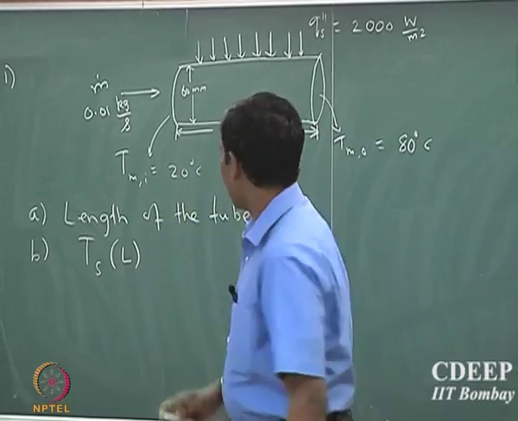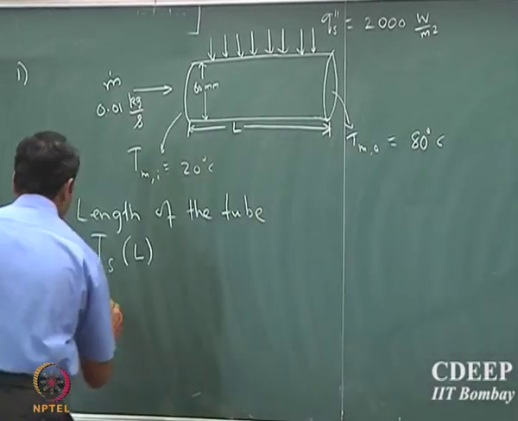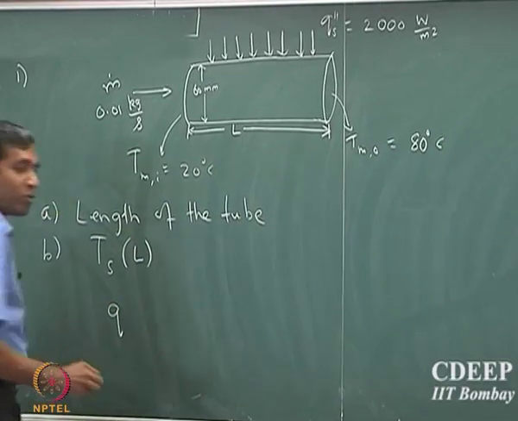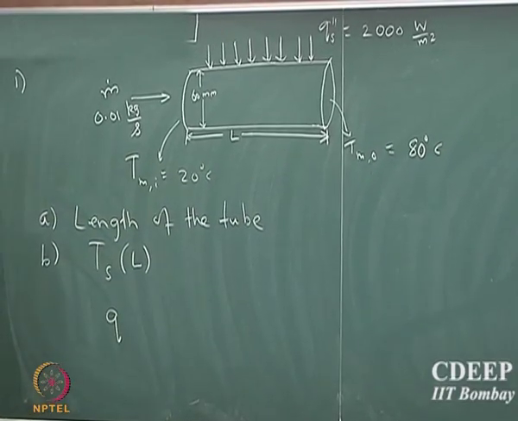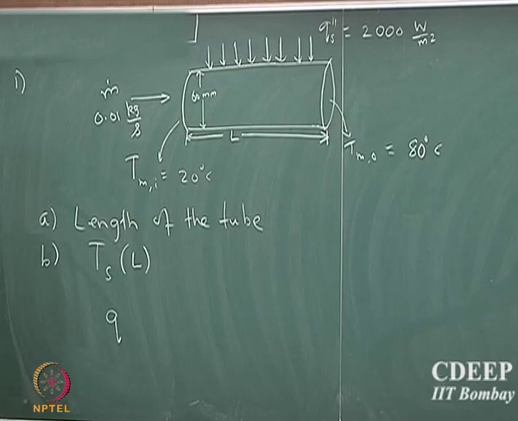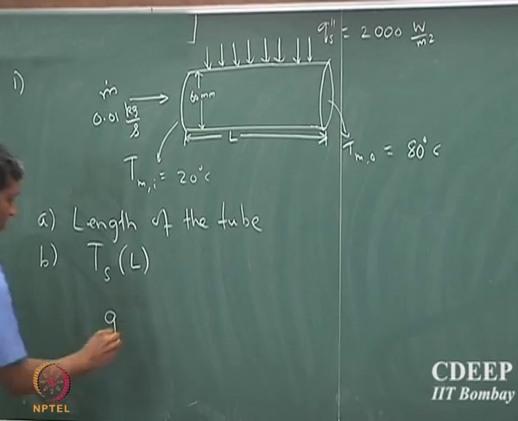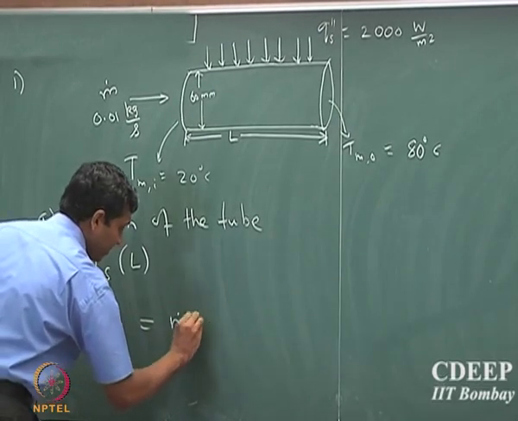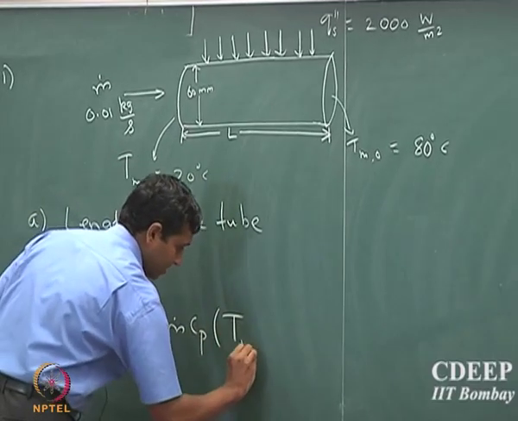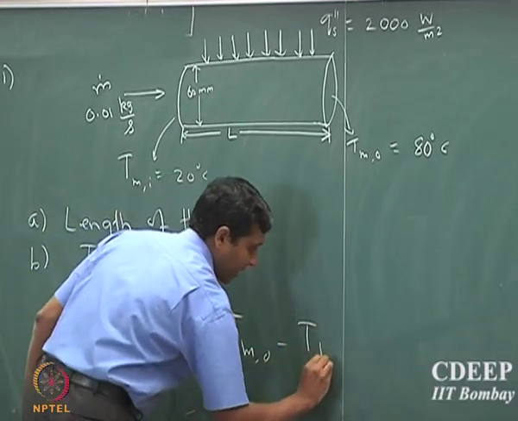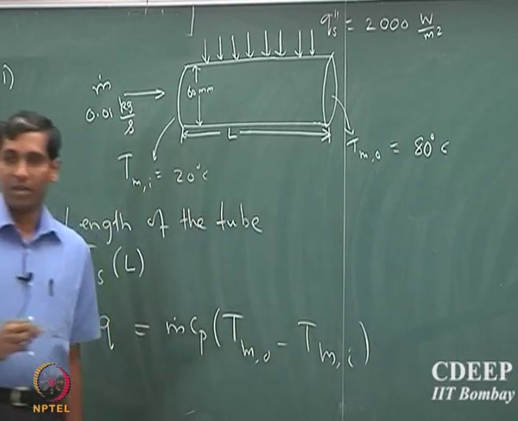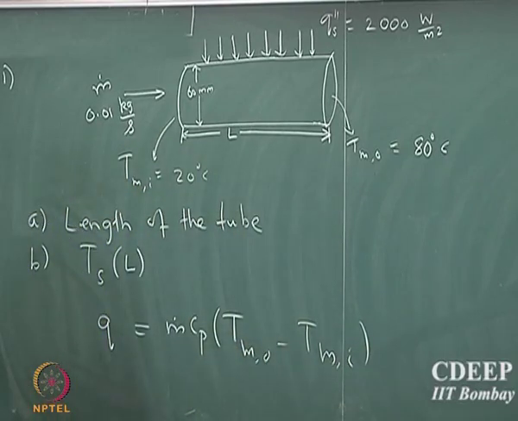The net amount of heat that is taken up by the fluid to increase its temperature is given by m dot Cp into Tmo minus Tmi. That's the net amount of heat that is taken up by the fluid under steady state condition.